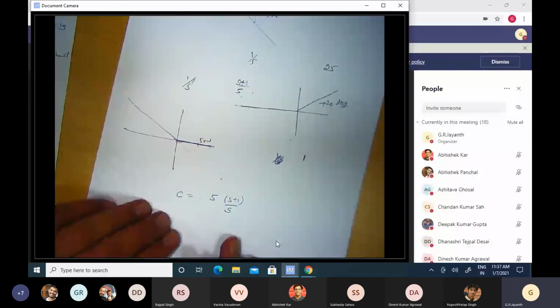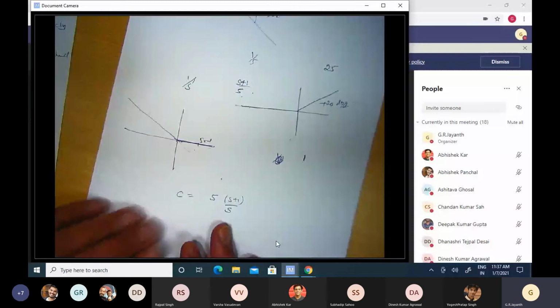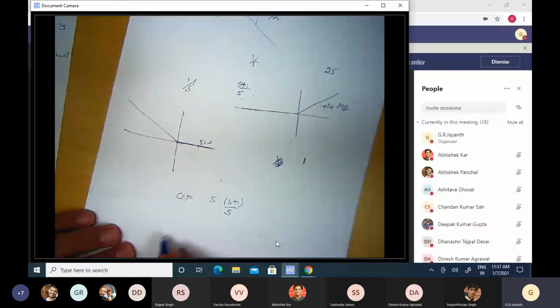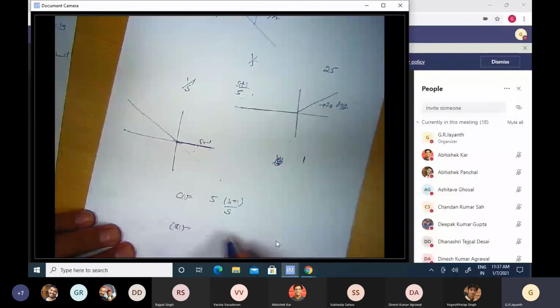But in either case, if you look at either this or the previous one I shall write down again. C of S was of the kind 25 by S times S by 50 plus 1, right?